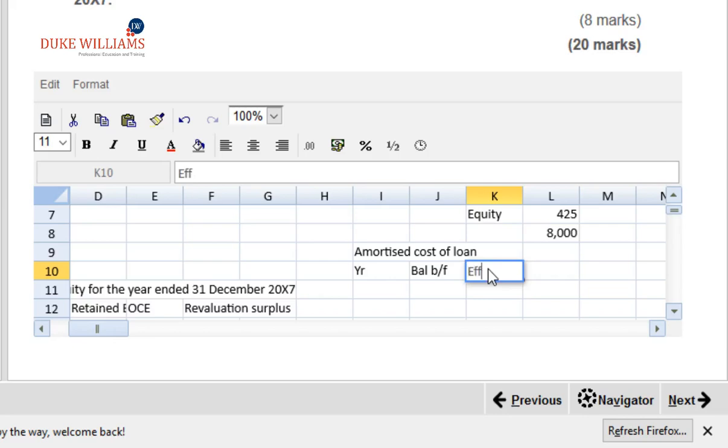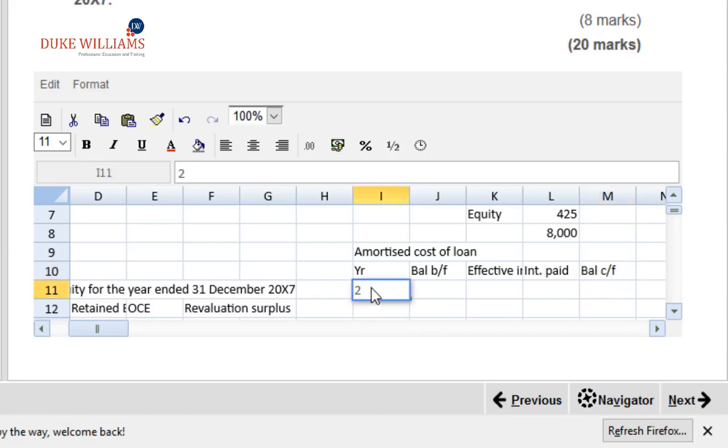So the effective interest, don't forget, that will be at 6%. Then you have the interest, which is the coupon interest, the interest paid. Then we'll have the balance carried forward.